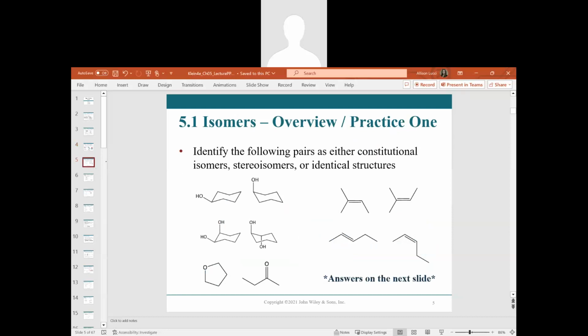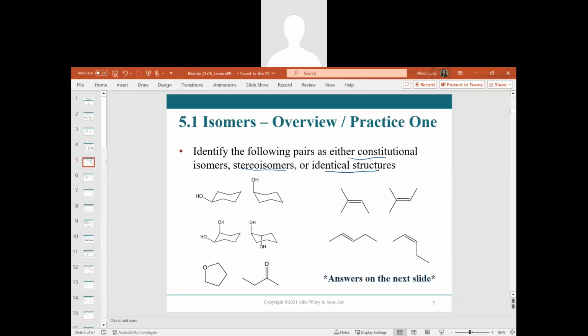So let's take a look here and see if we could identify these pairs of compounds as either constitutional isomers, so they would have different atom bonding patterns but the same molecular formula, stereoisomers, so they have the same atom bonding pattern but different spatial arrangement, or are they identical structures?